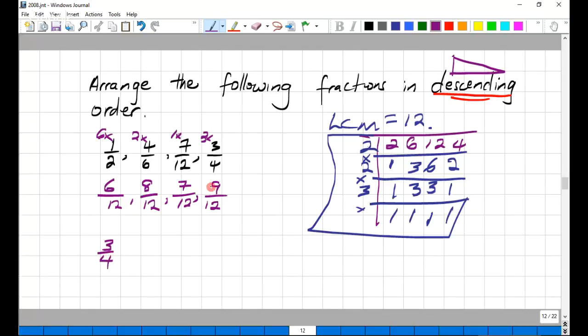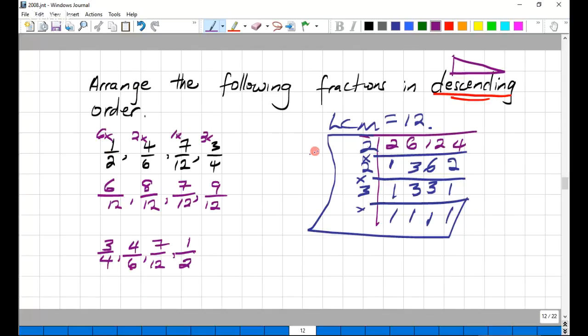Then what will come after that? 4/6. Then 7 over 12. And lastly, we would have what? A half. Very good, because we have to use the ones that they gave.